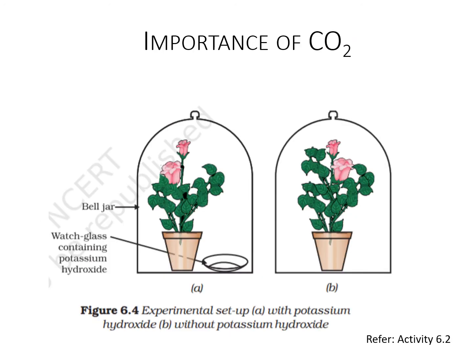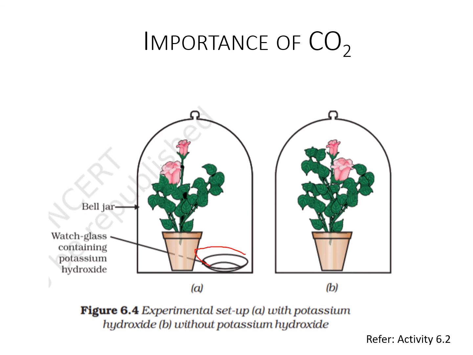Let us now understand the importance of carbon dioxide by this experiment, which is given in your NCERT textbook, activity 6.2. Here you have two bell jars. If we keep these two bell jars in a dark room for 3 days, and then we place each plant on a separate glass plate, and we put potassium hydroxide in one of these bell jars.